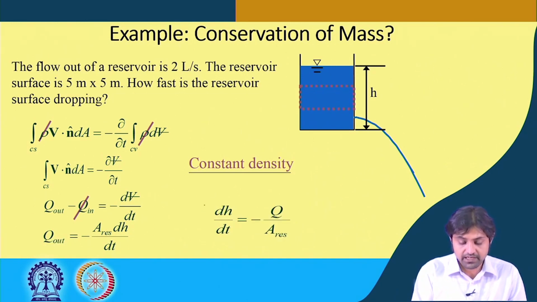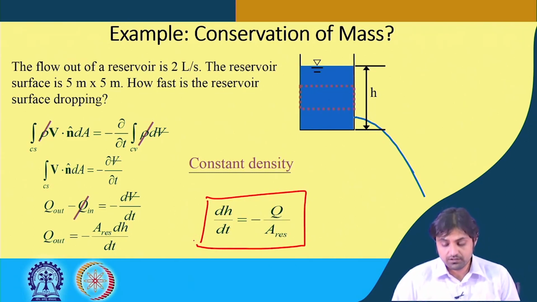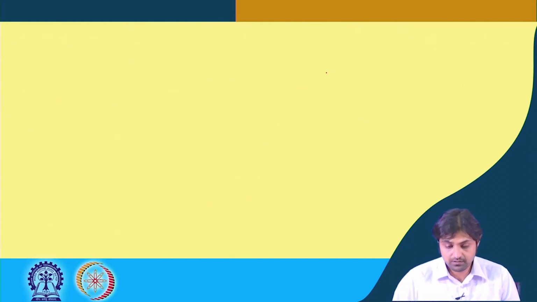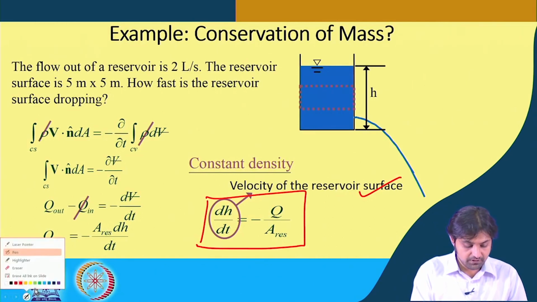Or we can simply write the rate of fall of height with respect to time as minus Q by the area of the reservoir. So dH/dt is the velocity of the reservoir surface. So this is what we obtain.